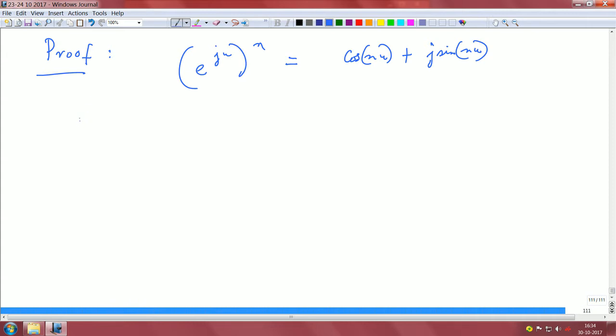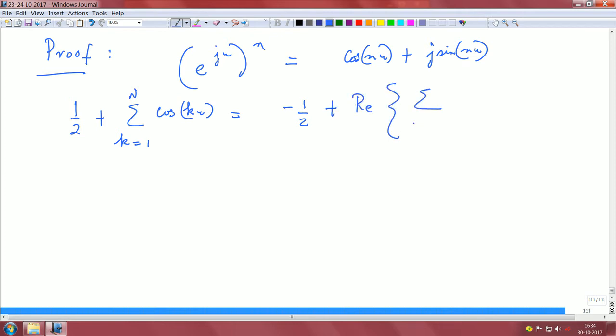Now consider 1/2 plus summation k equals 1 to capital N of cos k u. If I want to replace k equals 1 to N by k equals 0 to N, then what I do is put a minus half factor out, plus the real part of the summation k equals 0 to capital N of (e power j u) power k.